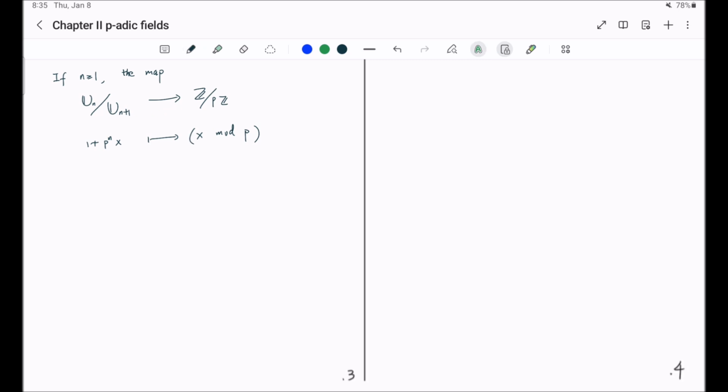This map is an isomorphism. And now let us check this. To check this, we have to first understand why this map is well defined. This map is well defined because it is induced from this homomorphism.